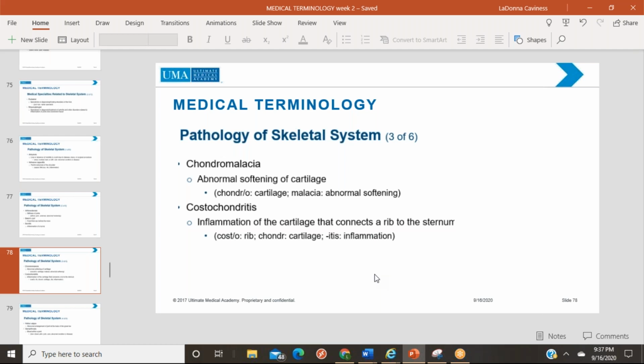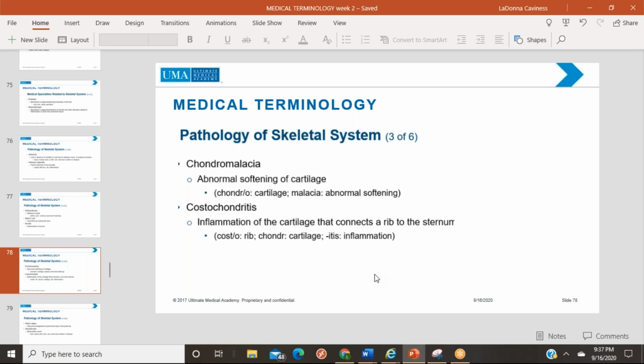All right, more on pathology of the skeletal system. Let's talk about chondromalacia. It's abnormal softening of the cartilage. Chondro refers to cartilage, and malacia refers to abnormal softening.